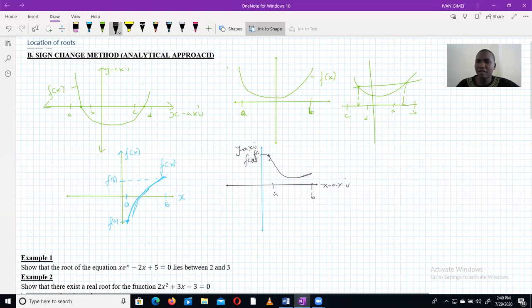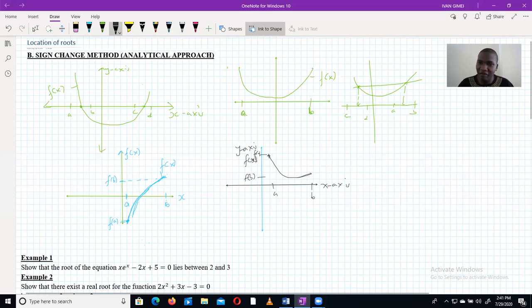F of a is there. And when I put b, my f of b will be approximately here. Now, you notice that f of a and f of b have the same sign. They are both lying on the positive side of the y-axis. There is no change in sign.